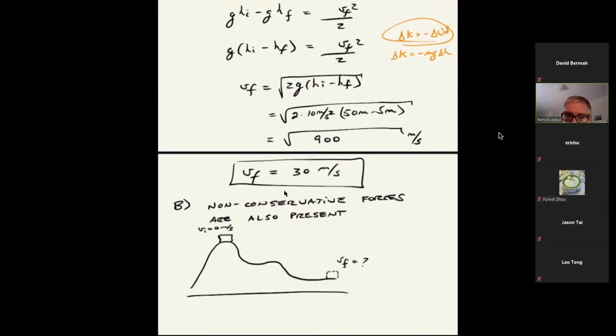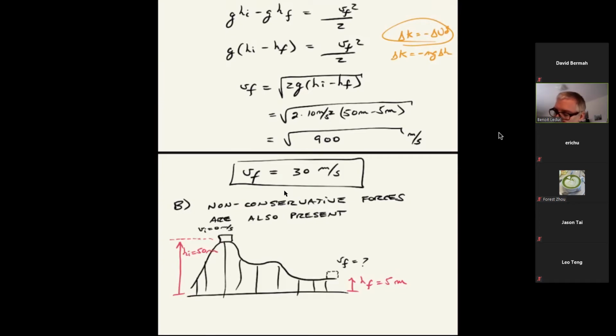That's for tomorrow. Tomorrow we'll do an example with this. It's going to be the same height, so the final height will still be 5 meters from the ground, and the initial height is still going to be 50 meters.